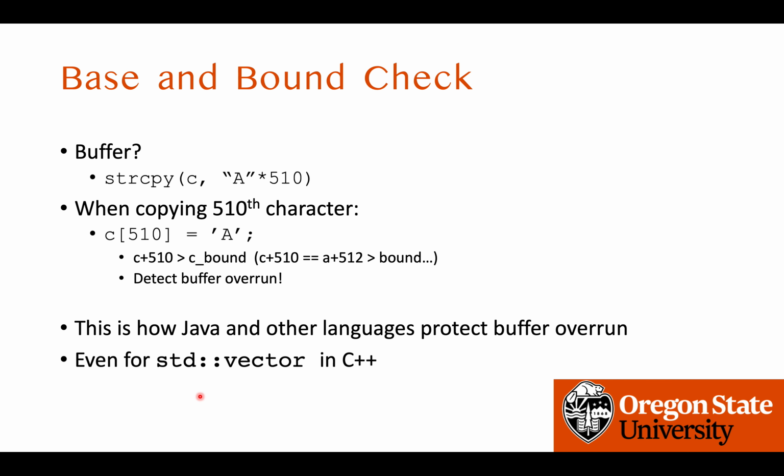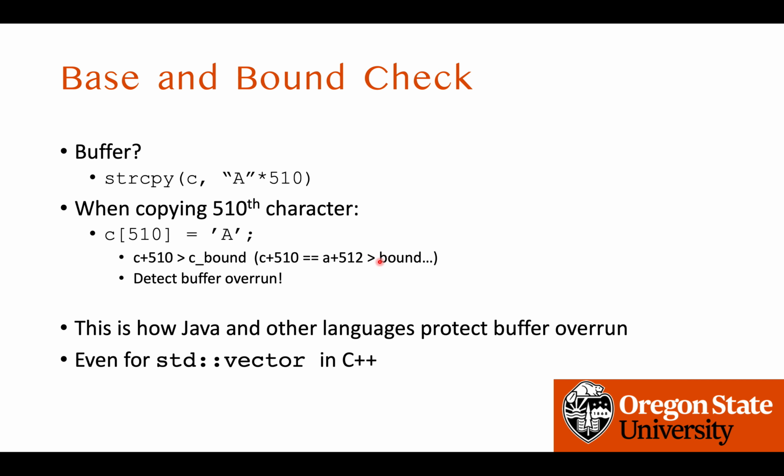And we have just seen how it works in detail, but at the high level, how can this prevent a buffer overrun? For example, copying a large amount of data to a buffer C using the string copy function. When the code copies to the location of C510, which is the address pointed to by A plus 512, which is out of bound, the code internally can check the base and bound.